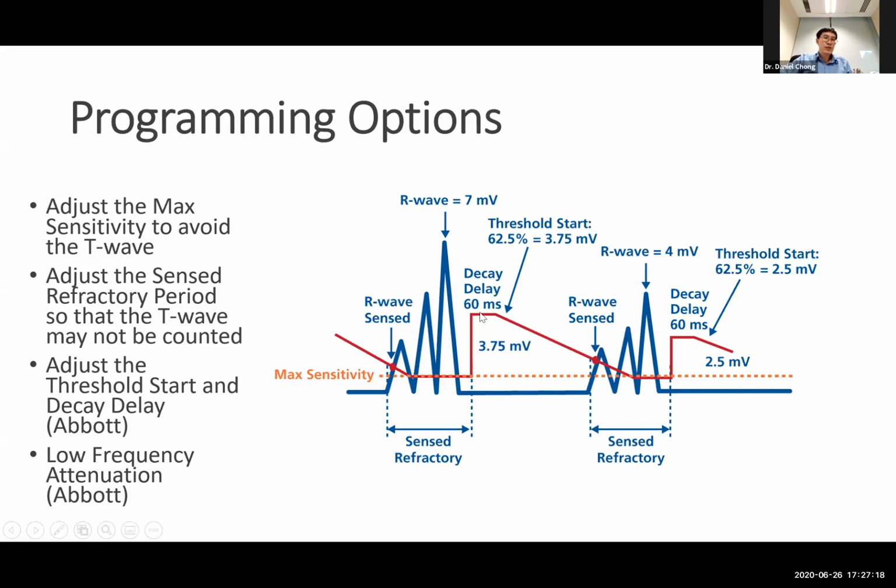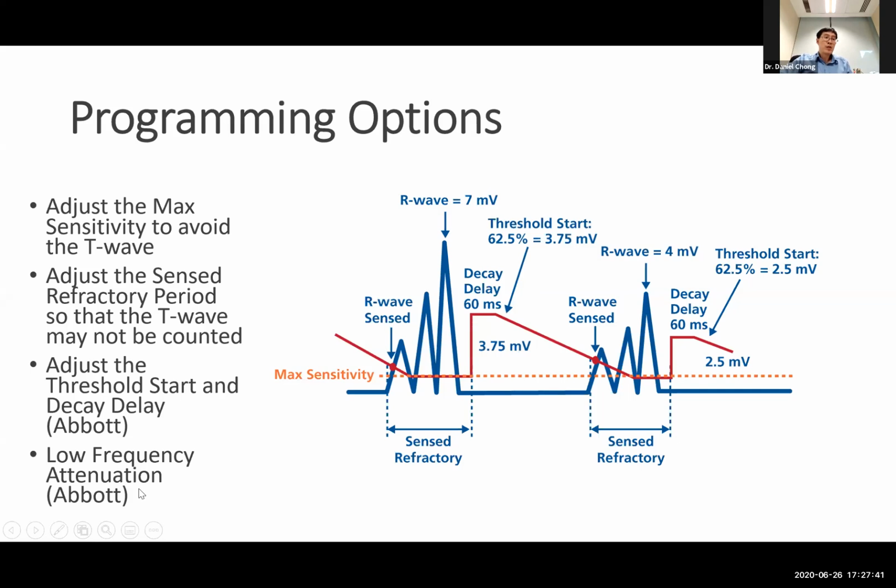So this is the threshold start, nominally set at 62.5%, but one could increase it to 75%, for example, to start at a higher level, and that would help to maybe prevent oversensing of the T wave. Or the decay delay could be a bit longer, and that will also minimize T wave oversensing.